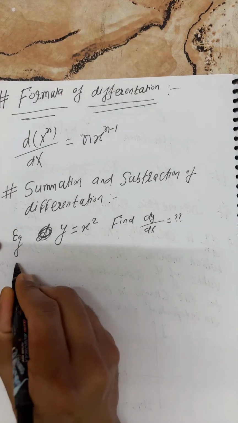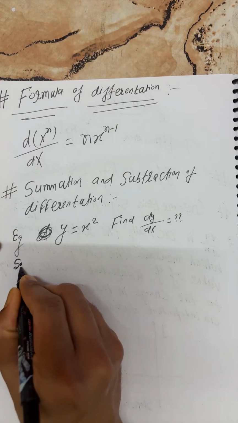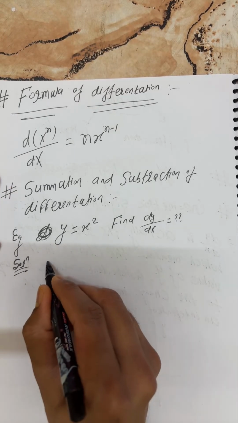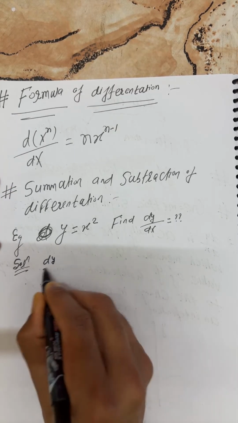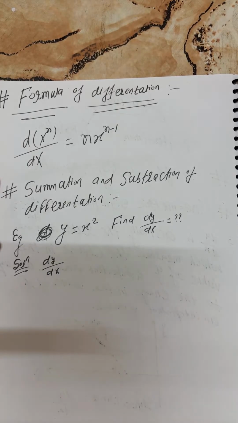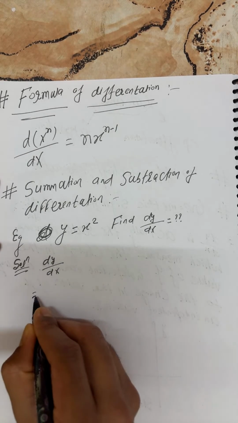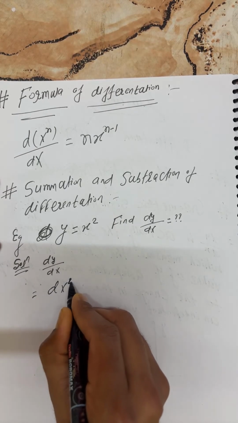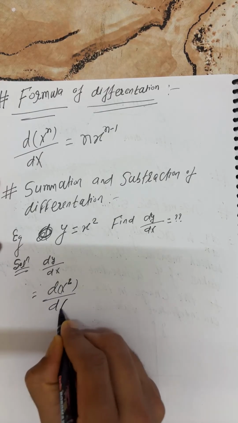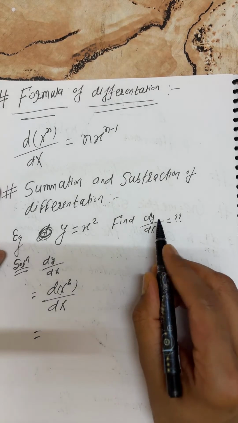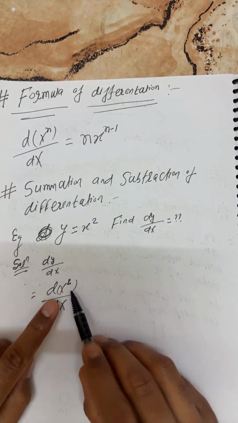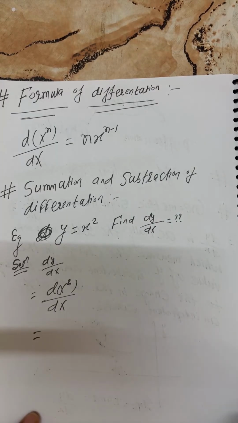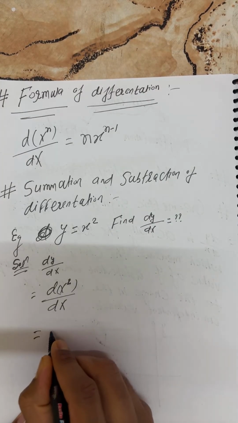Simple. So how can we do the solution? First you need to write, my dear, dy by dx. What is y? y is x square. So d of x square upon dx. In the formula, beta, n is 2, just remember.